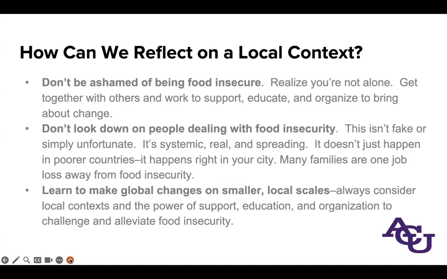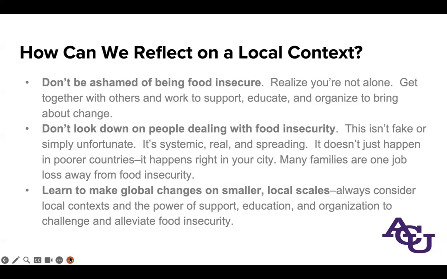So that's first. Second, don't look down on people dealing with food insecurity. Again, going back to COVID-19, when it becomes you and your family, you're less prone to look down on other people. All of a sudden it makes sense. So this isn't fake, and it's not something that's just people are unfortunate and that's how it is.